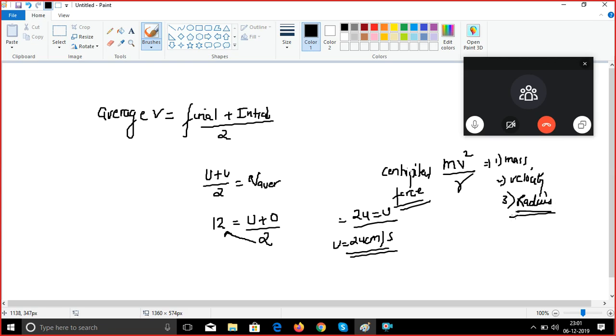Okay. So mass times velocity squared divided by radius. Yes. So the velocity also affects it.